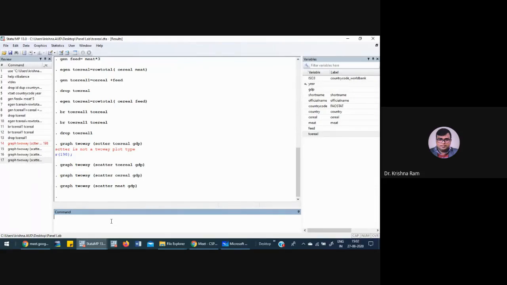So we know that mainly there are two ways of measuring poverty. I'm talking about measuring absolute poverty. Broadly we categorize poverty into two parts, absolute and relative poverty. Then there are several methods of measuring absolute and relative poverty.